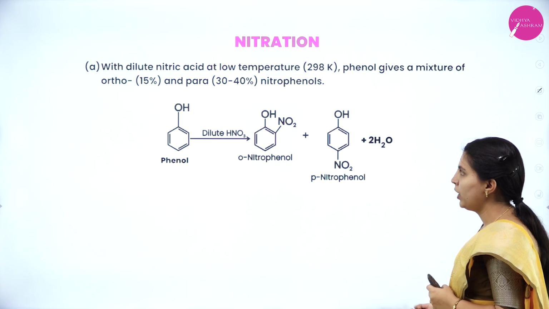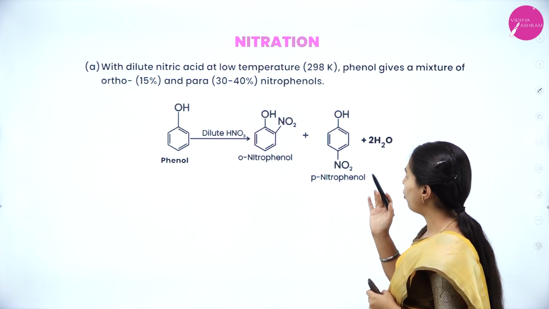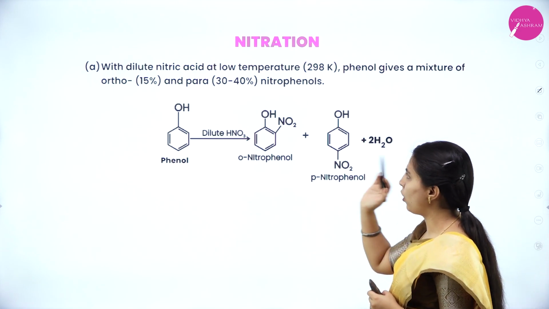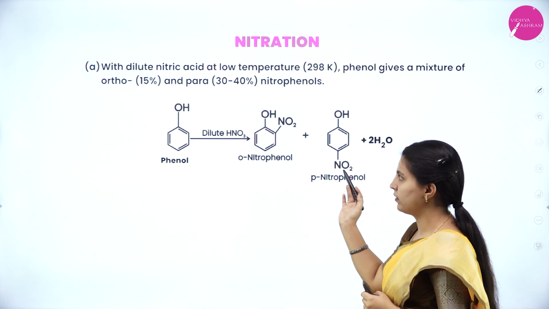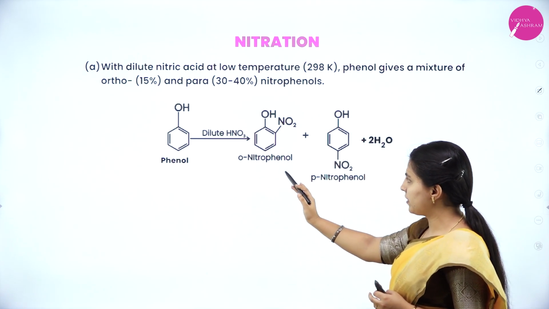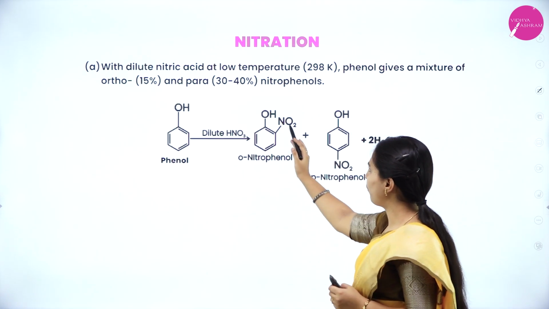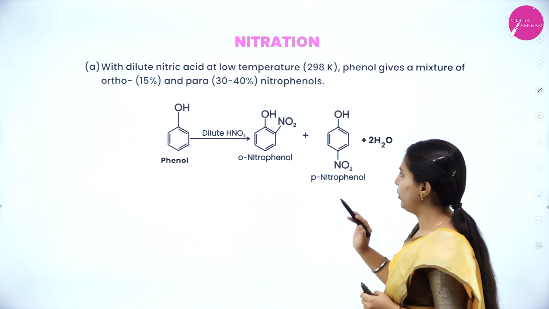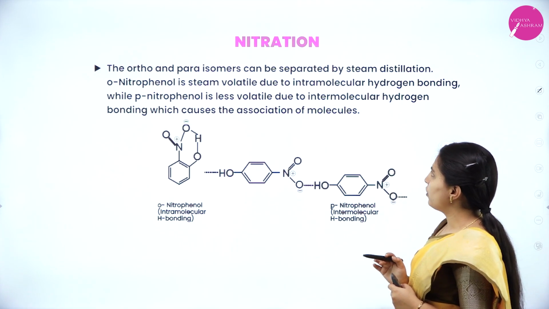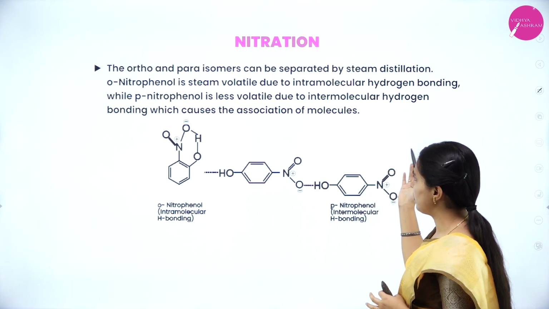Next, nitration. With dilute nitric acid at low temperature, that is 298 Kelvin, phenol gives a mixture of ortho and para nitrophenols. When phenol reacts with dilute nitric acid, it will form ortho nitrophenol and para nitrophenol with the removal of a water molecule. The ortho and para isomers can be separated by steam distillation.